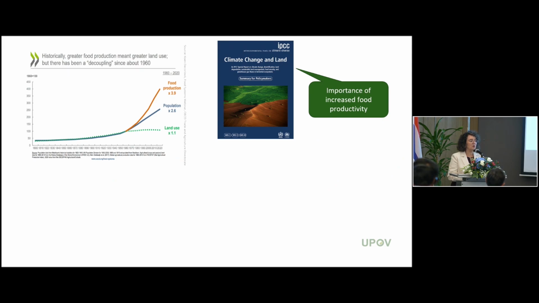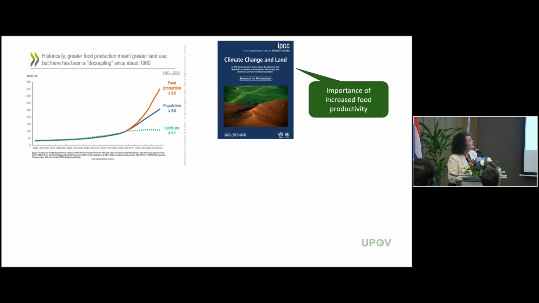Just to provide a context, we can see in this slide that in the past, more food production meant more land use and more use of different resources. But we can see a decoupling taking place in relation to this matter around the 1960s.